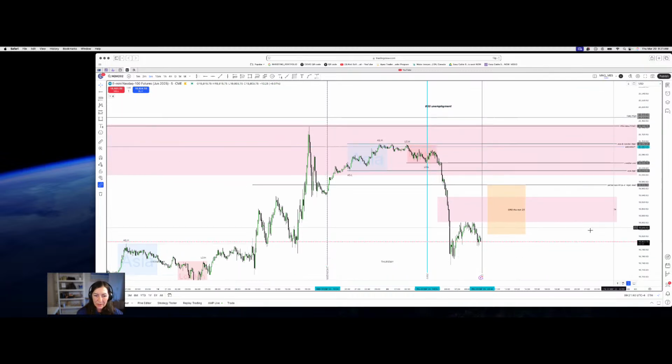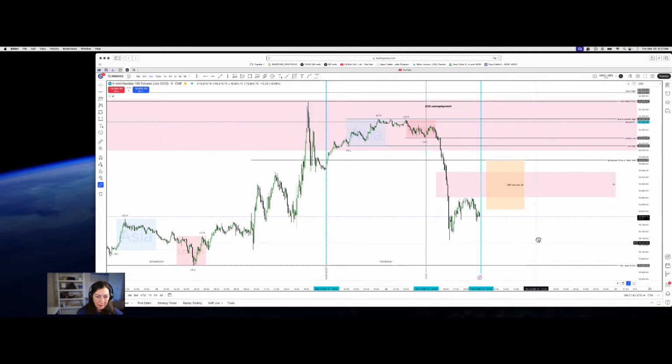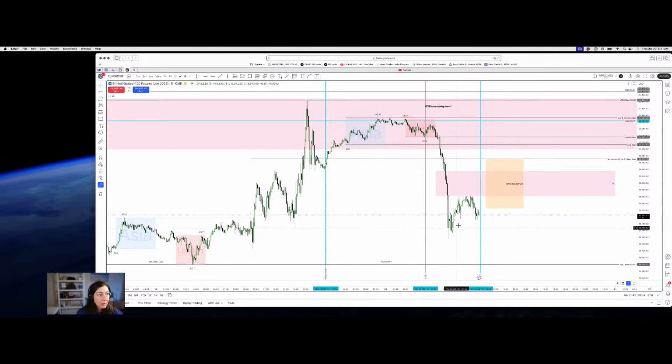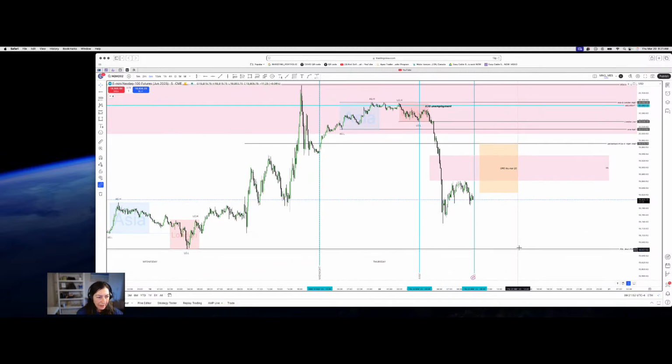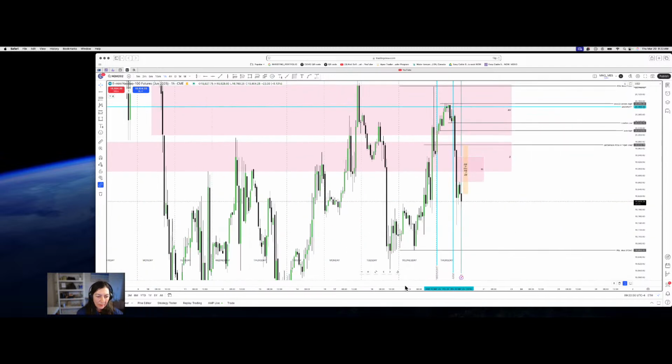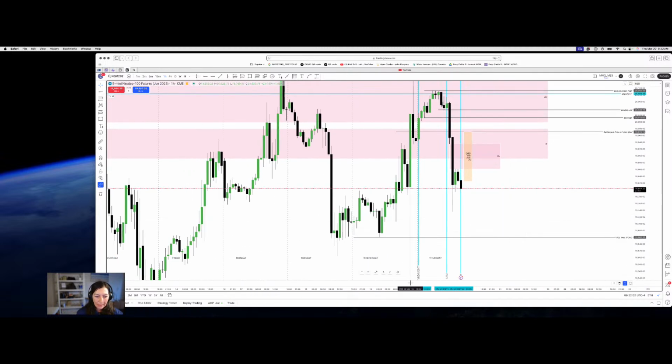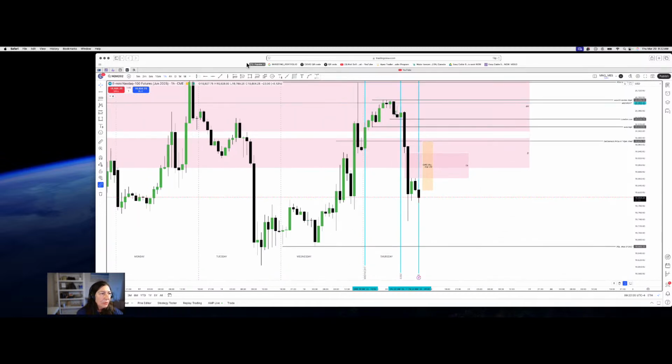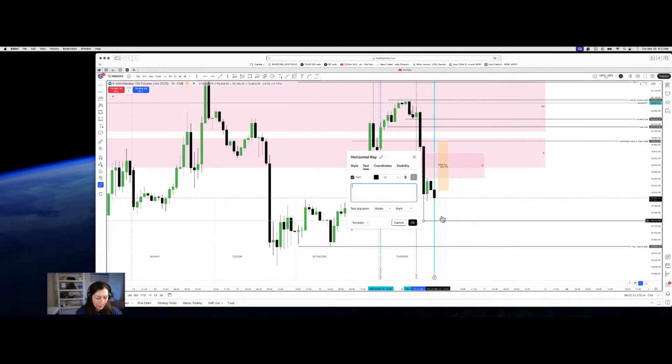And then price dropped. We have our previous day low here. I'm going to put a few lines on the hourly for these wicks down here. So this is an hourly swing low.